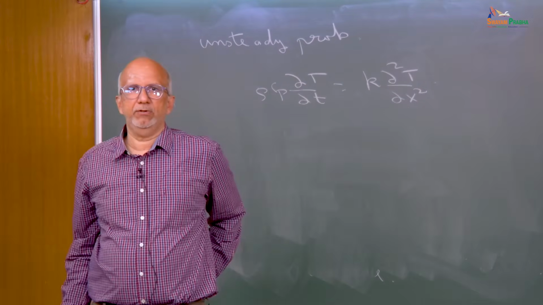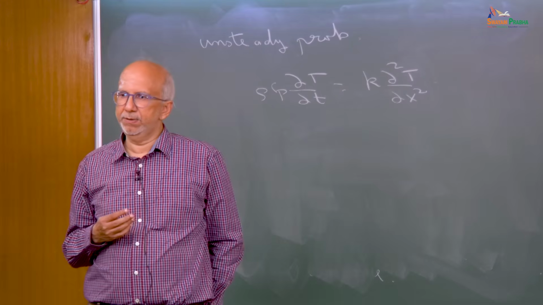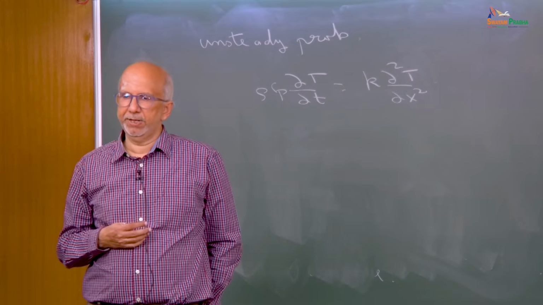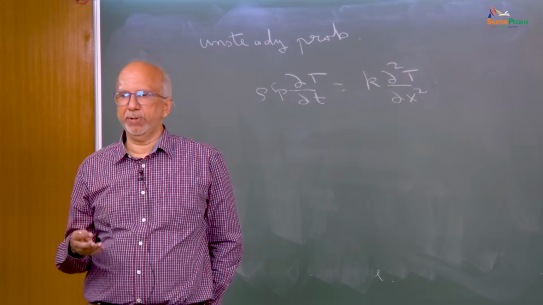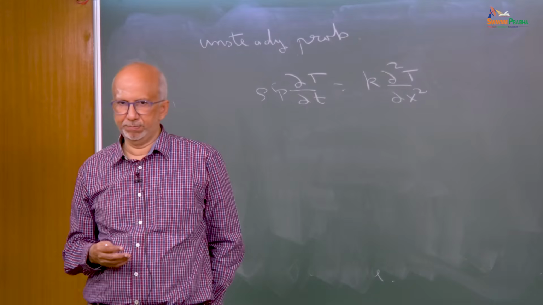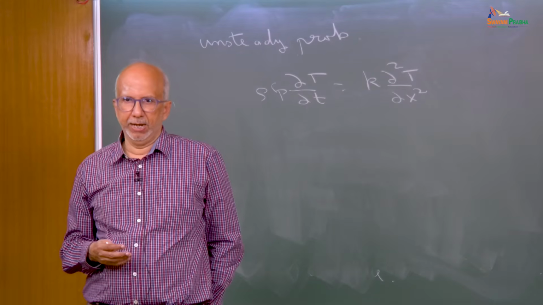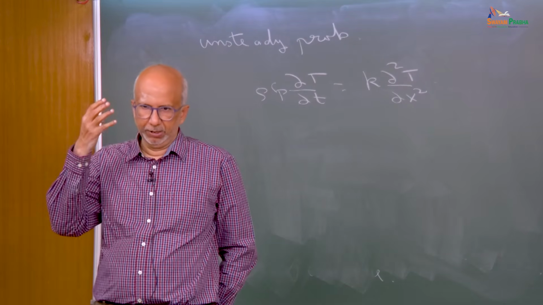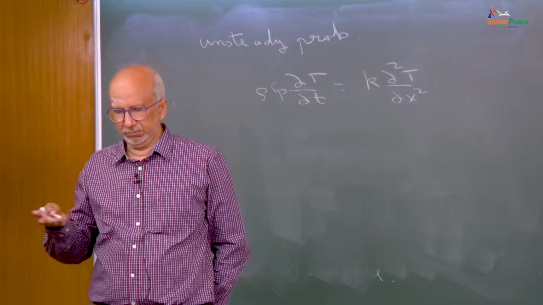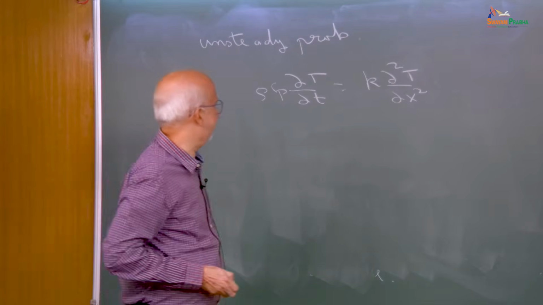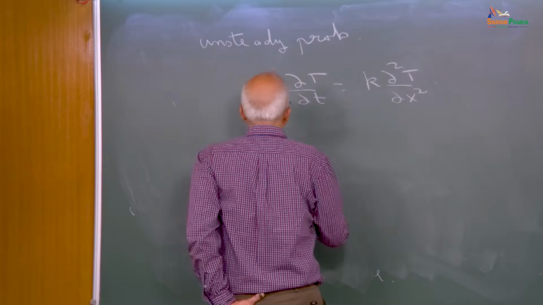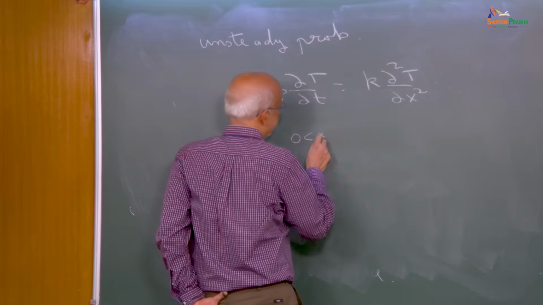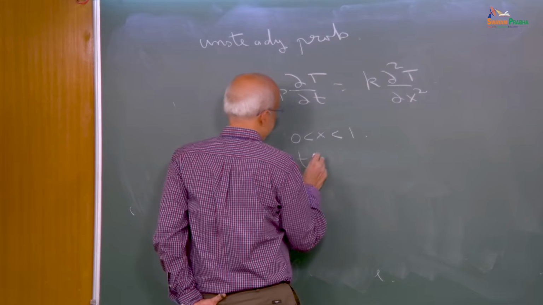So, physically what we are looking at is how does the temperature evolve in time and in space, okay, and time will extend from 0 to infinity and x may be whatever finite, x could also be infinity, but right now we will keep x finite. So, let us say 0 is less than x less than 1 and t is greater than 0.